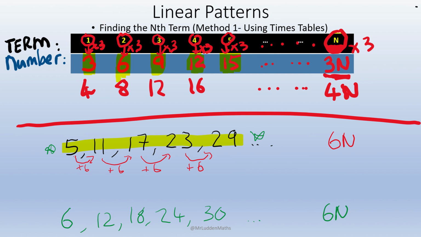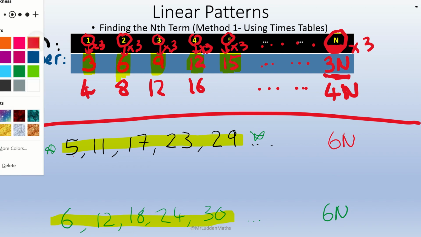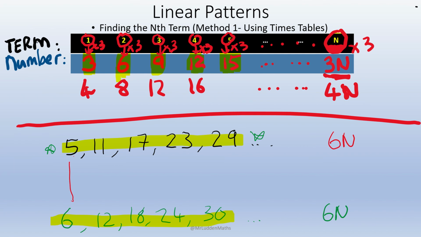So what I'm going to ask you is, well, let me just get rid of this bit here. There we go. This right here is my 6 times tables. I want to know how to get to my original question, so how to get to the 5, 11, 17, 23, 29. So if you think about it, to get from 6 to 5, I would take away 1. To get from 12 to 11, I would take away 1.